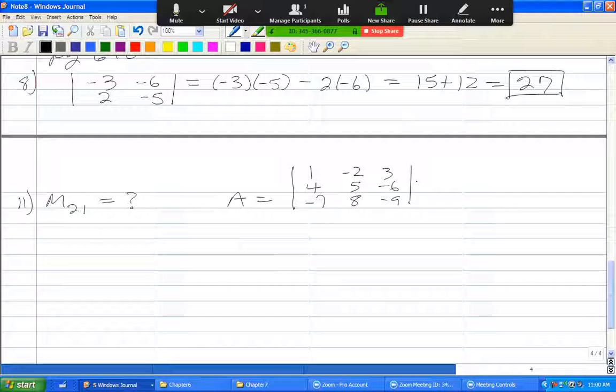So it says here to find a sub 2, 1. Okay, so let's find this minor.